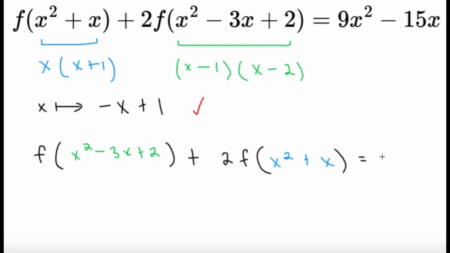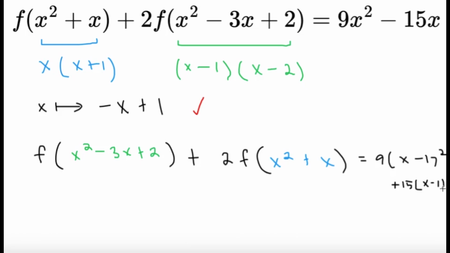But for now, I'm just going to write it as 9 times negative x plus 1 squared minus 15 times negative x plus 1. Now, negative x plus 1 squared is just the same as x minus 1 squared. And then I can factor the negative sign here, so it's going to become a plus 15 times x minus 1.